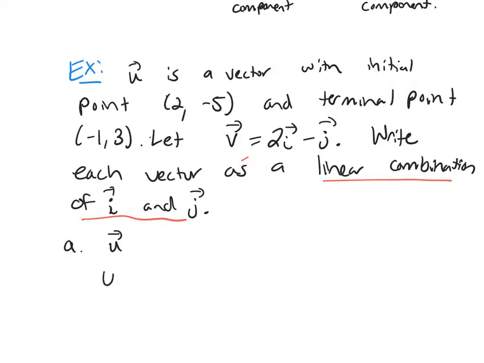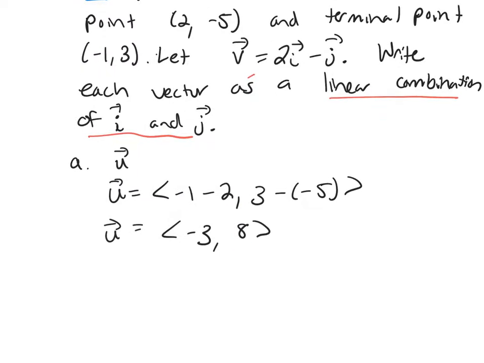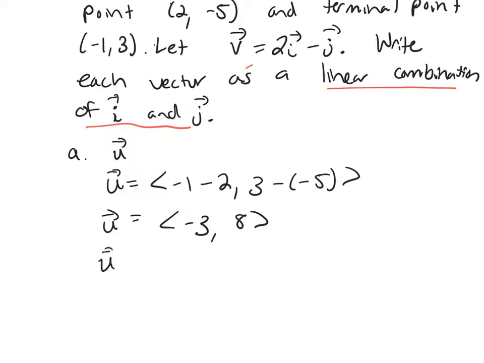Remember, to do that, we take terminal point minus initial, so -1 minus 2, 3 minus -5. So I've now written u in component form as (-3, 8). So it's really easy from component form. All we have to do is write -3i plus 8j. And now we've written this vector as a linear combination.